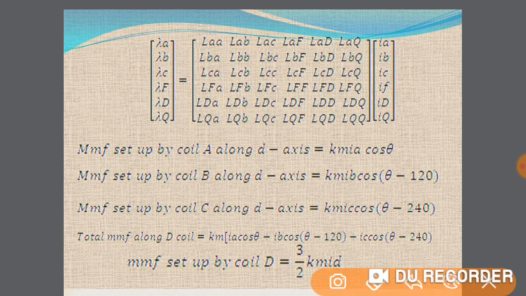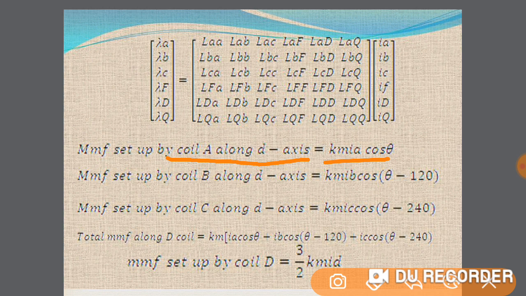So now the MMF set by coil A along the direct axis, as we know, is given by the formula Km Ia cos theta, which will be along the D axis. Now we have defined that all the three coils are 120 degrees apart from each other.